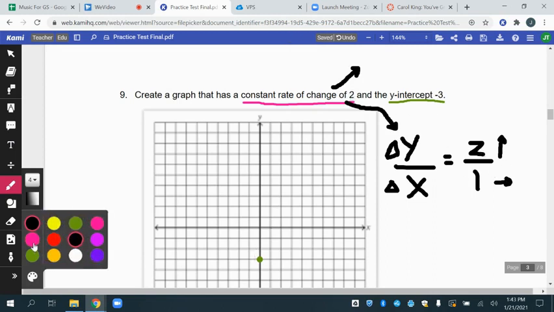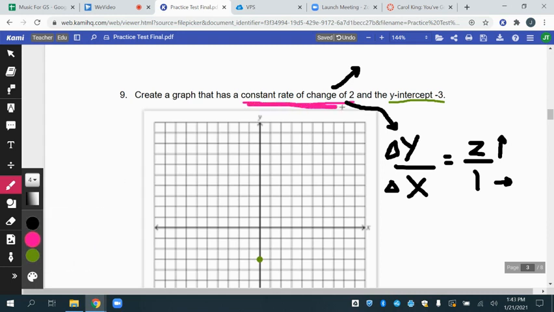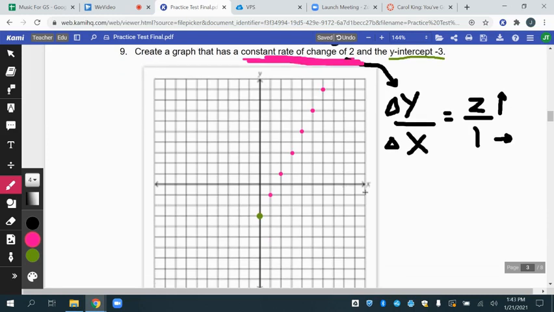So that's what I'm going to do. This one's pink, by the way. So I'm going to go 1 to the right, 2 up. 1 to the right, 2 up. 1 to the right, 2 up. And there we go. Now I can see which direction the line's going and then turn it black. And I'll make it 2 in thickness, which should be a little bit better for keeping everything in a row.